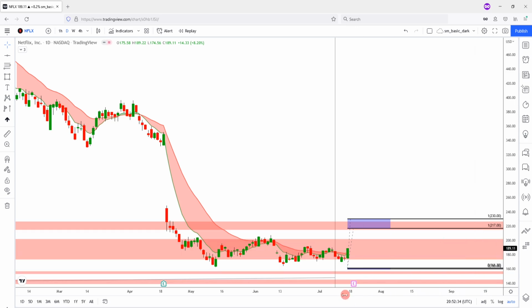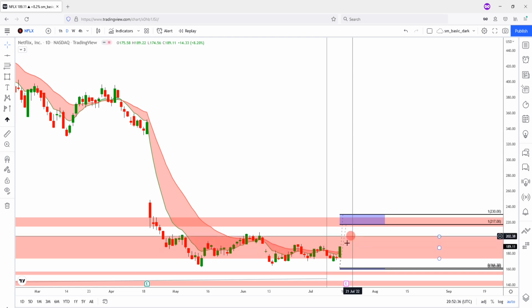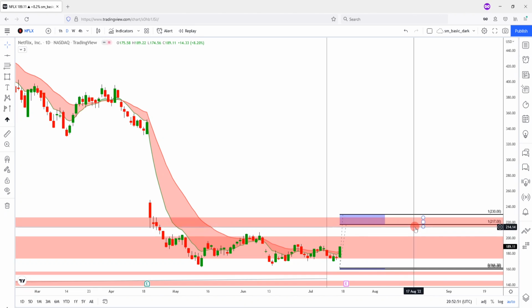Now, looking at Netflix right now, you see Netflix is sitting right in the middle of this high volume zone here. So on a positive reaction to the earnings, we expect to see Netflix come up to this 202 level, break above this zone, then move up into the upper range of this expected move at 217 to 230.